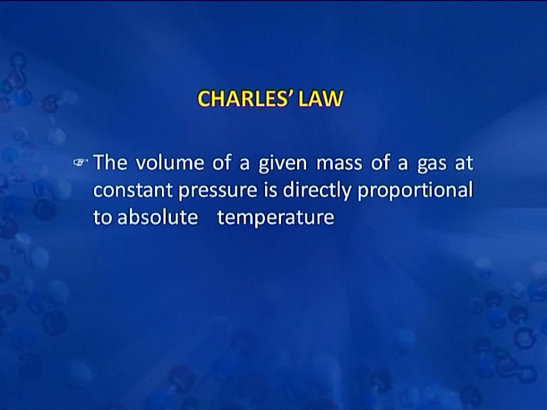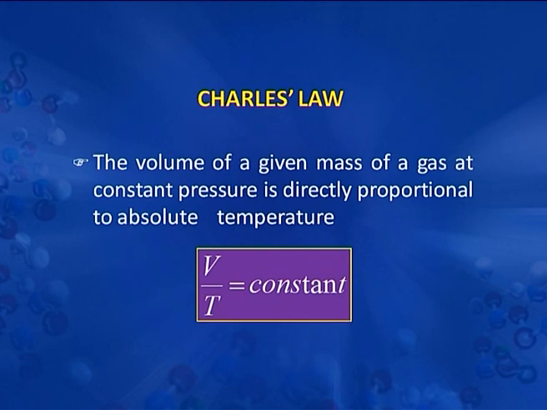Mathematically we write it as V is directly proportional to T, so V by T equals constant. If we have two gases 1 and 2, it will be V1 by T1 equals V2 by T2.